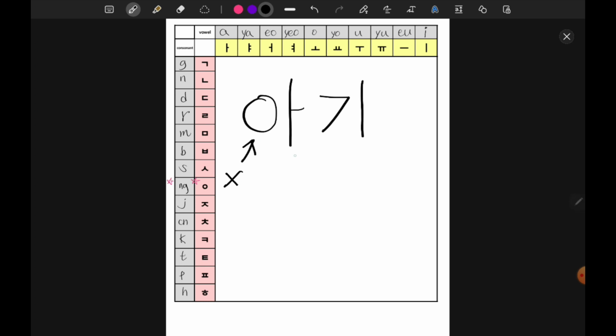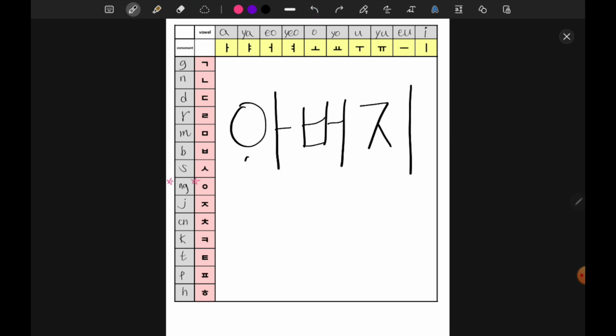So you can just read whatever vowel follows. Here, a, 아. In this, 그, 이, 기, 아기, 아기. It means baby. How about this? It has no sound, silent. You can just read the vowels that follow.